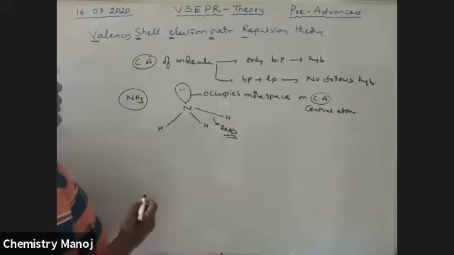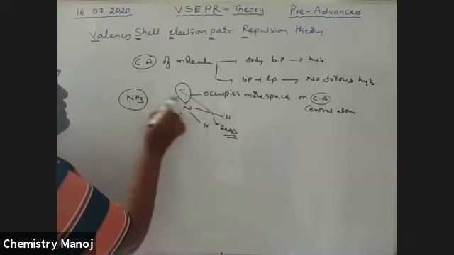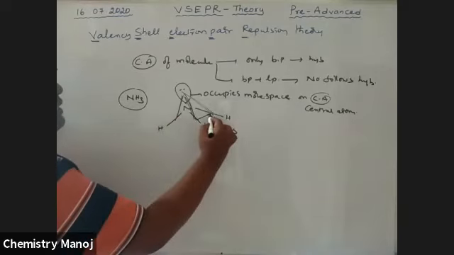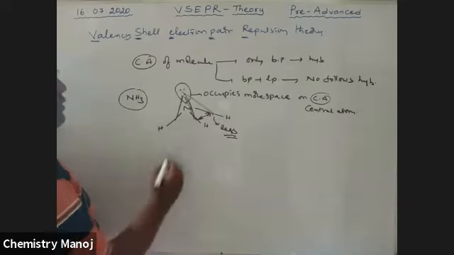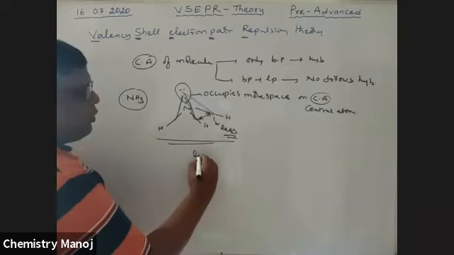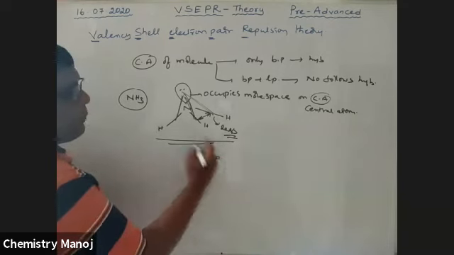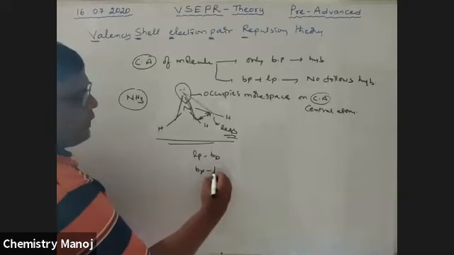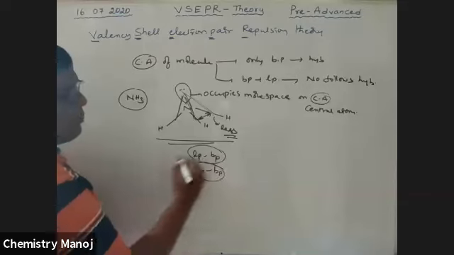Less space is occupied. So here are lone pair repulsions, and bond pair repulsions are also possible. So in the ammonia molecule, lone pair bond pair repulsions are possible between them. Lone pair repulsions are more than lone pair bond pair repulsions.